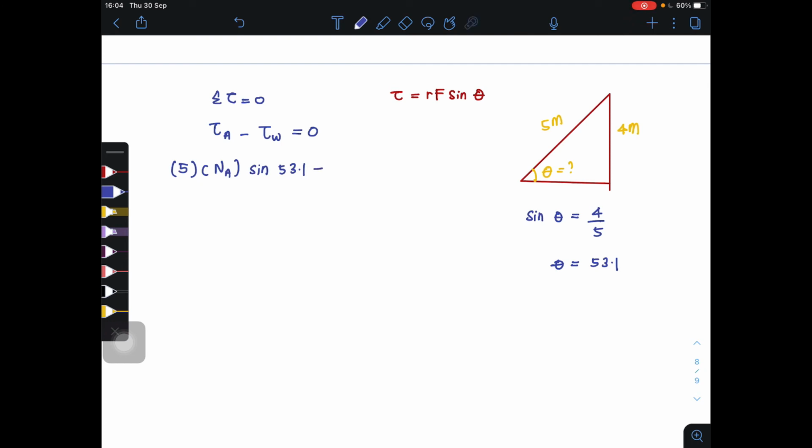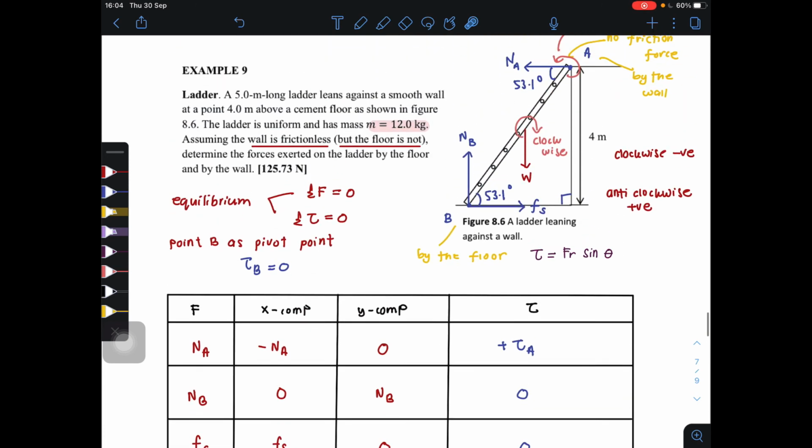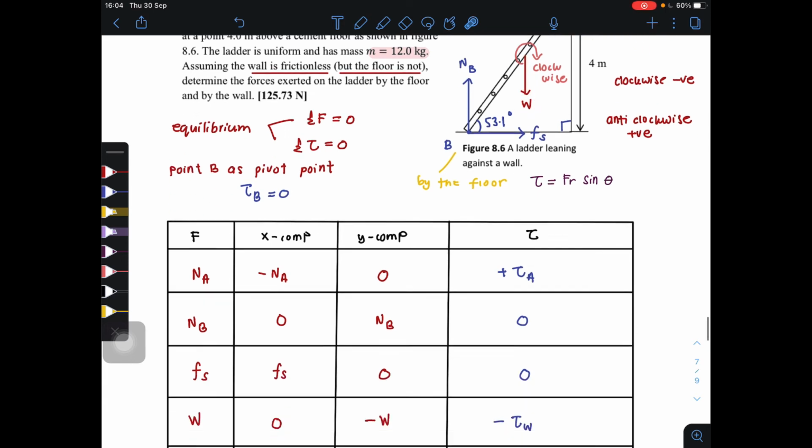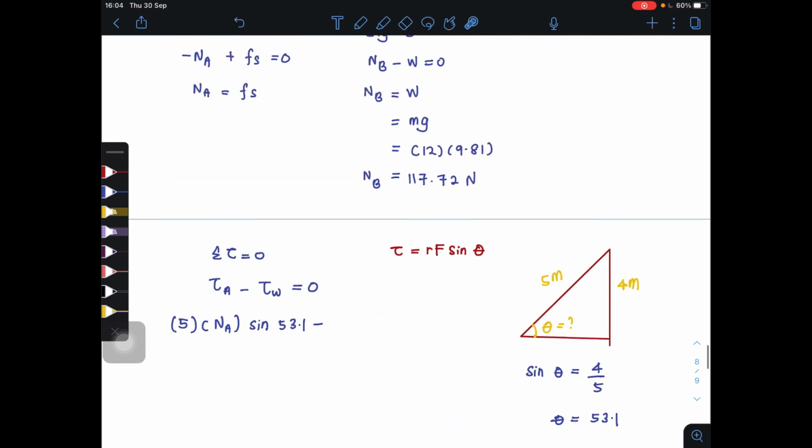And then minus torque W, which is dekat sini. So dekat sini dia punya force adalah W. So W which is mg yang tadi, this one.